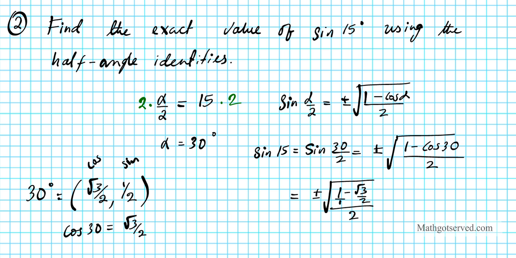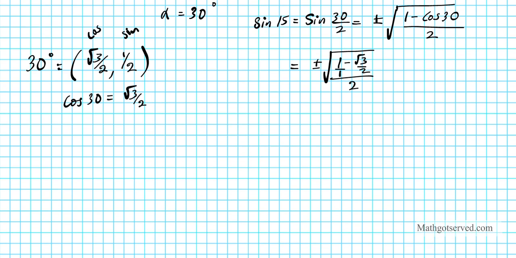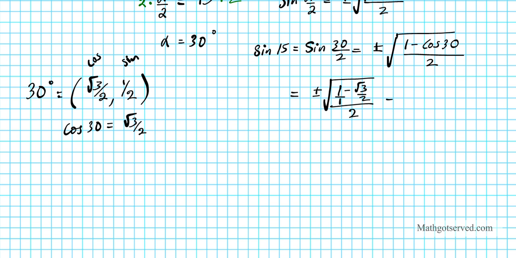Okay, so let's express this as a fraction. It's going to become plus or minus the square root of 2 over 2 minus root 3 over 2 over 2 over 1. Okay, so now let's unify the numerator.